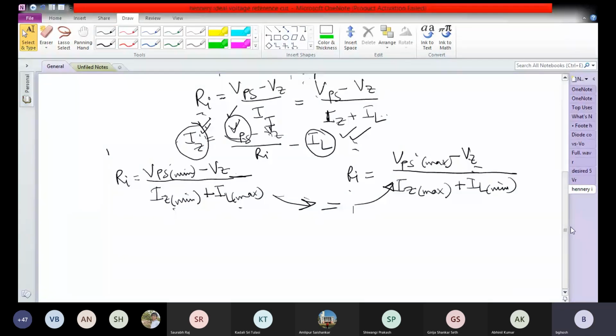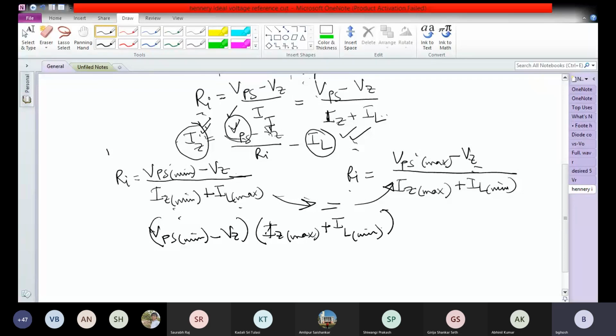So when we equate the two, we get Vps min minus Vz times Iz max plus IL min is Vps max minus Vz times Iz min plus IL max. This is just obtained by cross multiplying, nothing else.